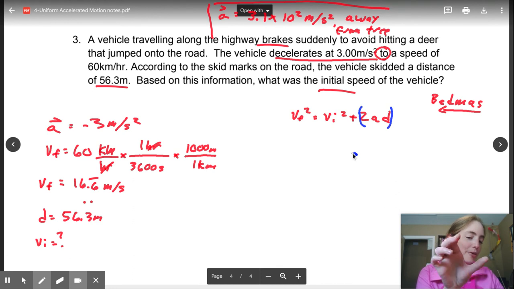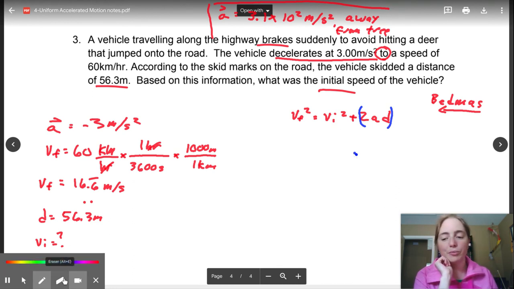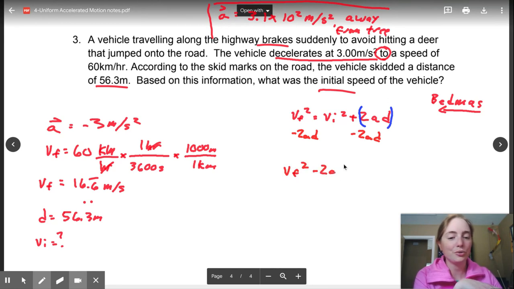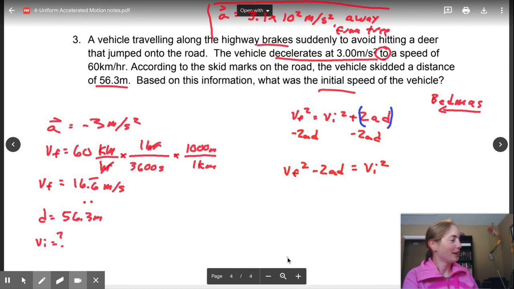I need to subtract the entire 2AD. I have to get rid of this whole piece together. So subtract 2AD on either side. I'm going to have VF squared minus 2AD equal to VI squared. Okay, now what do we do?